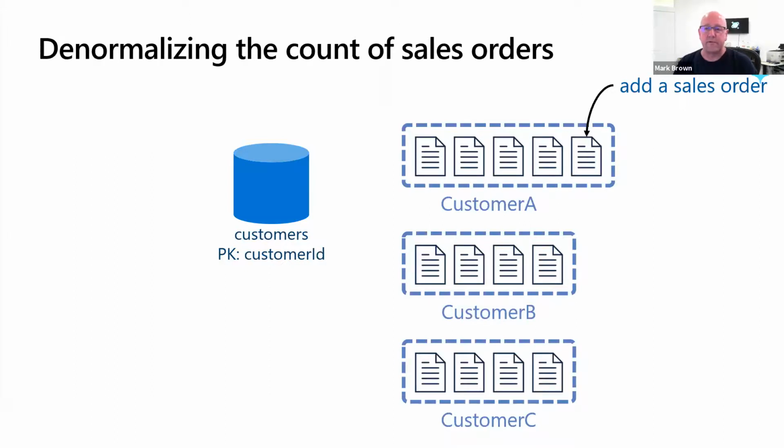Now here, we can benefit from the fact that each customer and sales order sit within the same logical partition. This might surprise you, but Cosmos does actually have support for transactions. But these transactions have to be scoped to the same logical partition. So I could do transactions for the customer and all the sales orders for that customer in this container because they sit within the same logical partition.